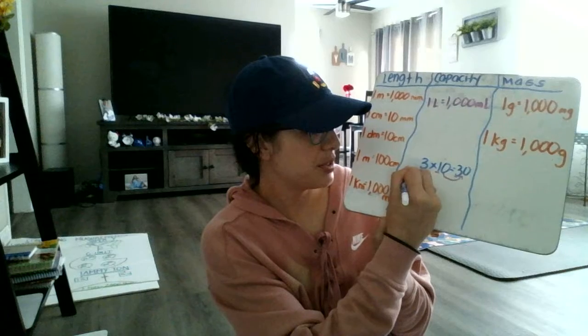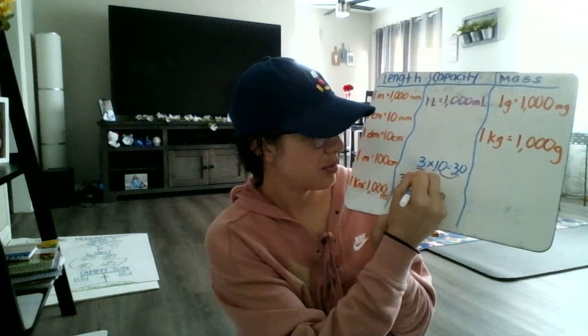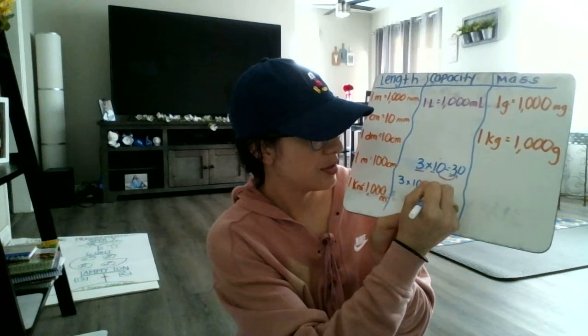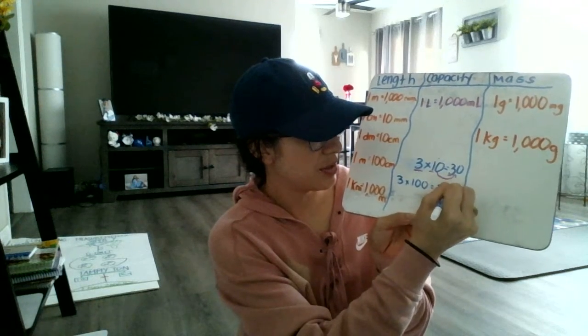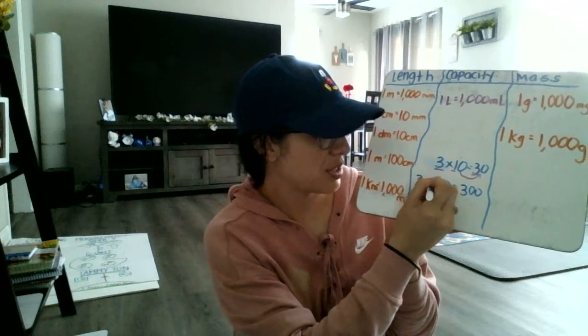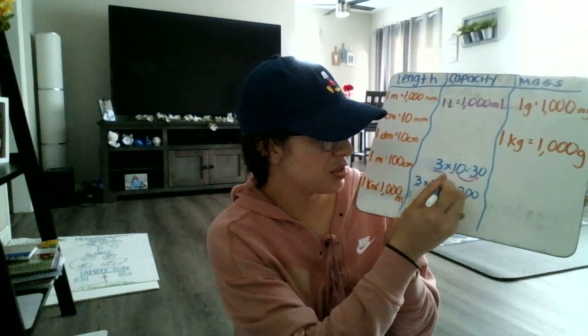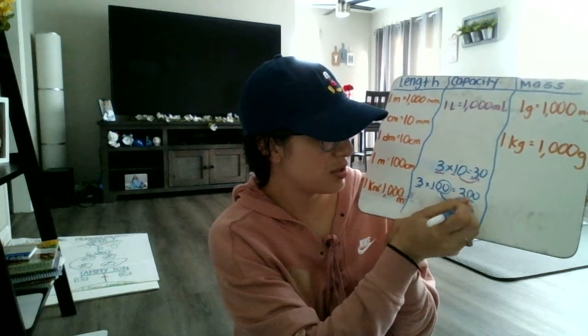And then let's say we do 3 times 100. We'll get 300, right? And I'll just do it with the same color because we multiply 3 times 1, and we get 3. And then we take these 2 zeros, and we add them to the back.